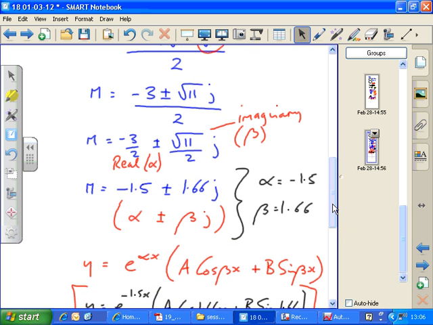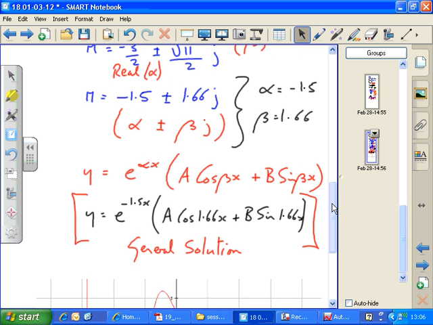So minus 3 over 2 is minus 1.5, so alpha is minus 1.5, and root 11 over 2 is 1.66. So I can finally, in my solution, put in y equals e to the minus 1.5x (a cos 1.66x plus b sine 1.66x). And that would be my complex solution.